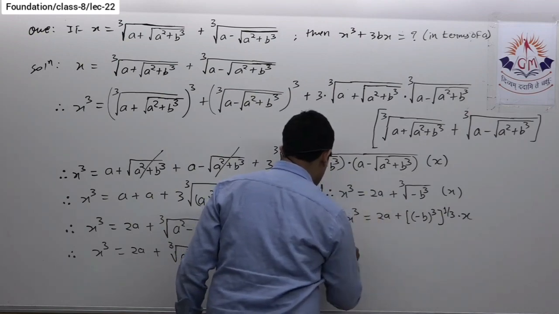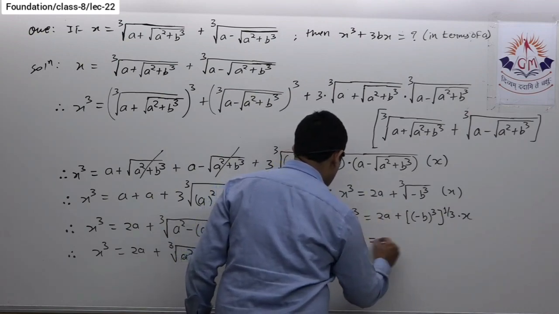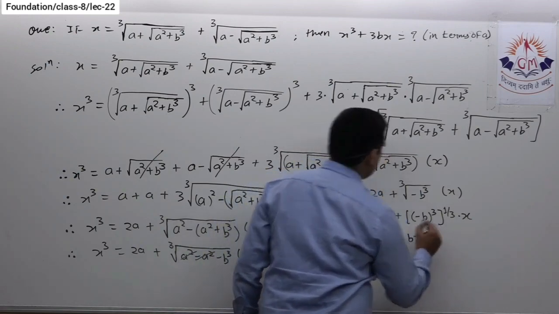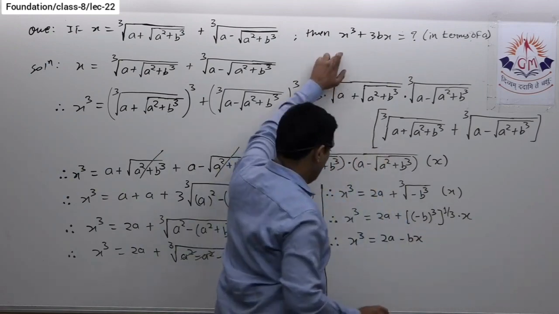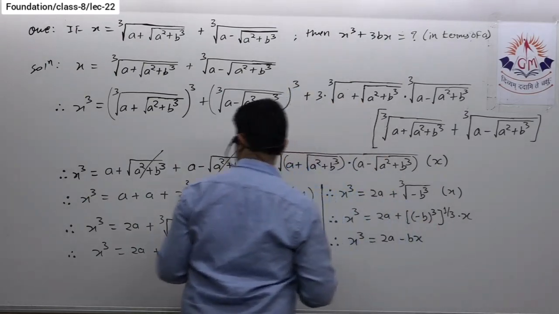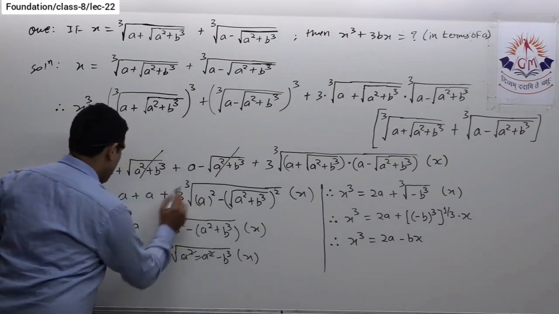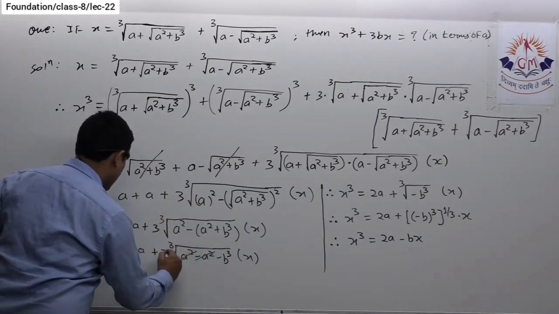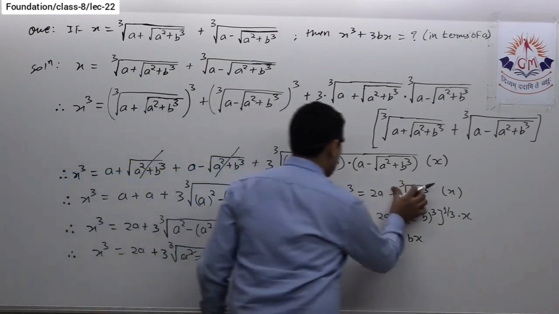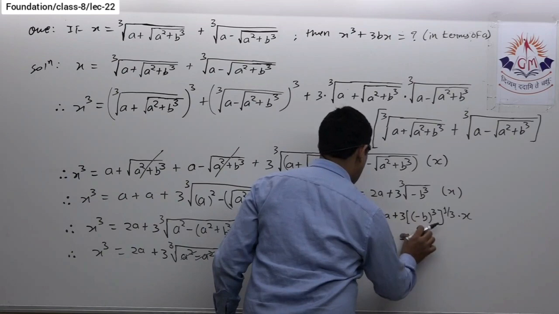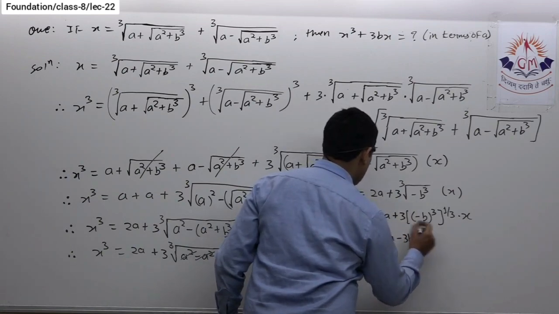So here I will get x cube is equal to 2a minus bx, and what we need to find, okay, from this step I am making a mistake. This 3 I forgot to write, so 3 will be there. Okay, so here I will get minus 3bx.